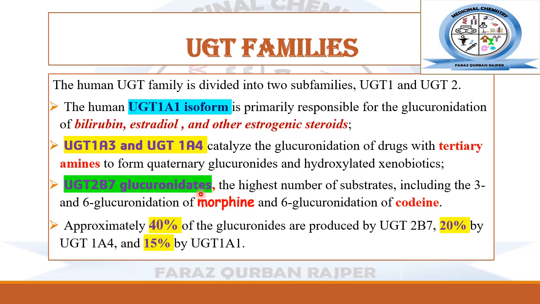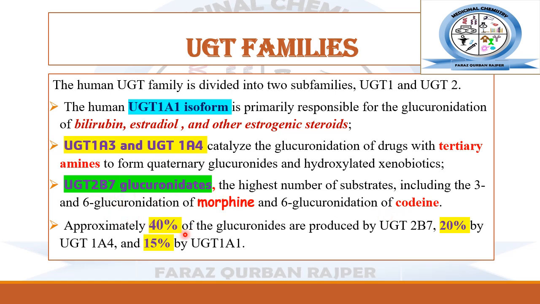The B7 family of the enzyme is responsible for the conjugation of the highest number of drug molecules or substrates, including the 3 and 6 glucuronide conjugation of morphine, because in morphine, if you remember, the conjugation reaction occurs at the 3rd and the 6th site in its structure, and the 6 glucuronide conjugation of codeine is also facilitated by the B7 family.